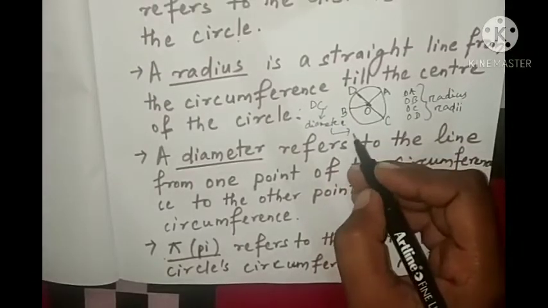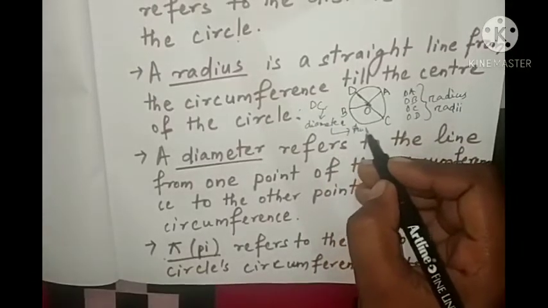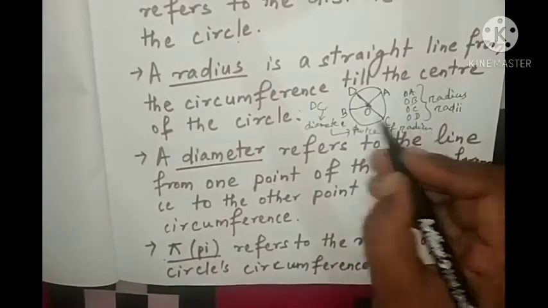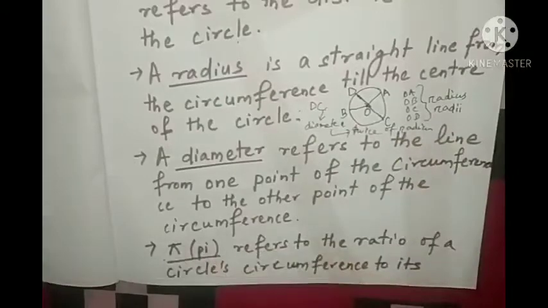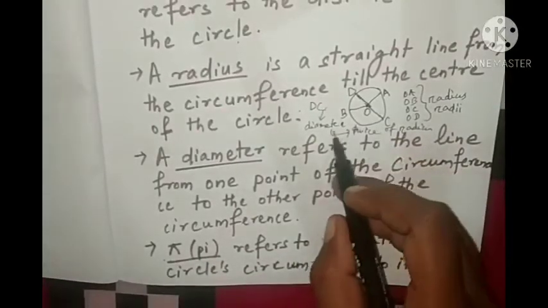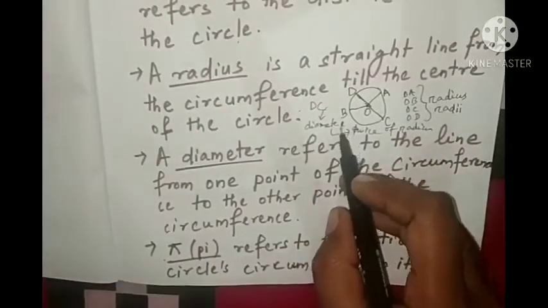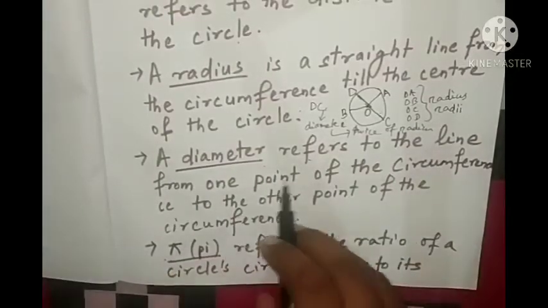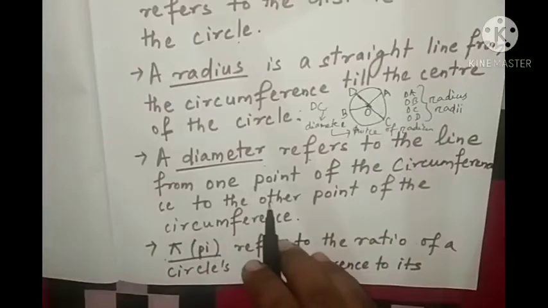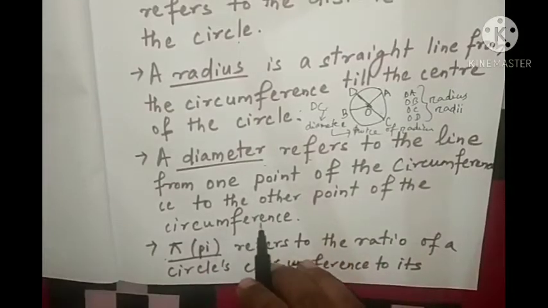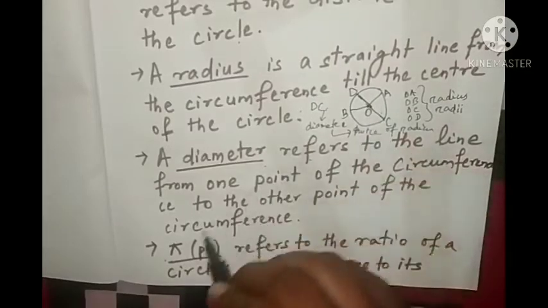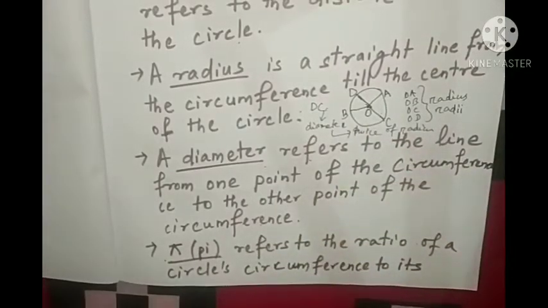Diameter is always twice of radius. So here two radii join to form a straight line, and this straight line is known as diameter. So diameter refers to the line from one point of circumference to the other point of circumference, and it will pass through the center of the circle.